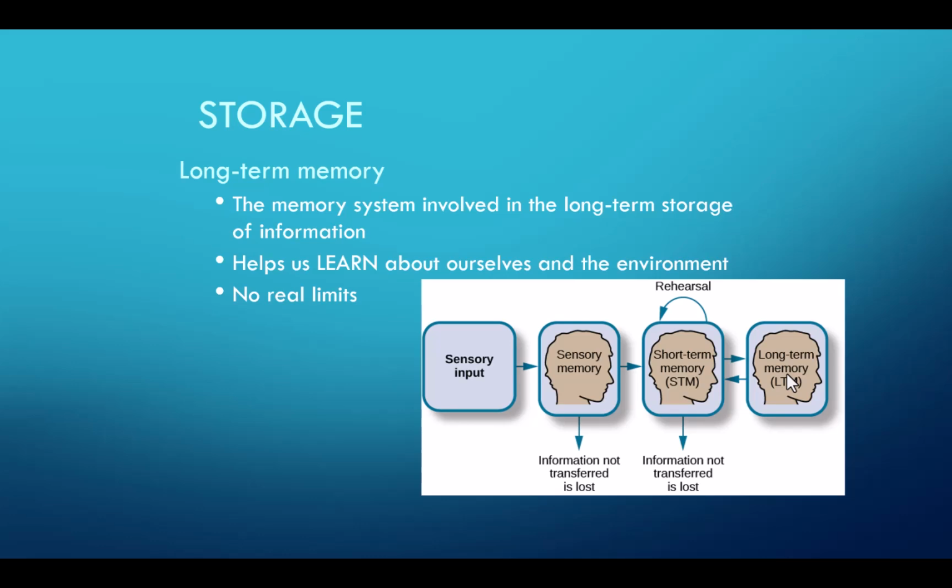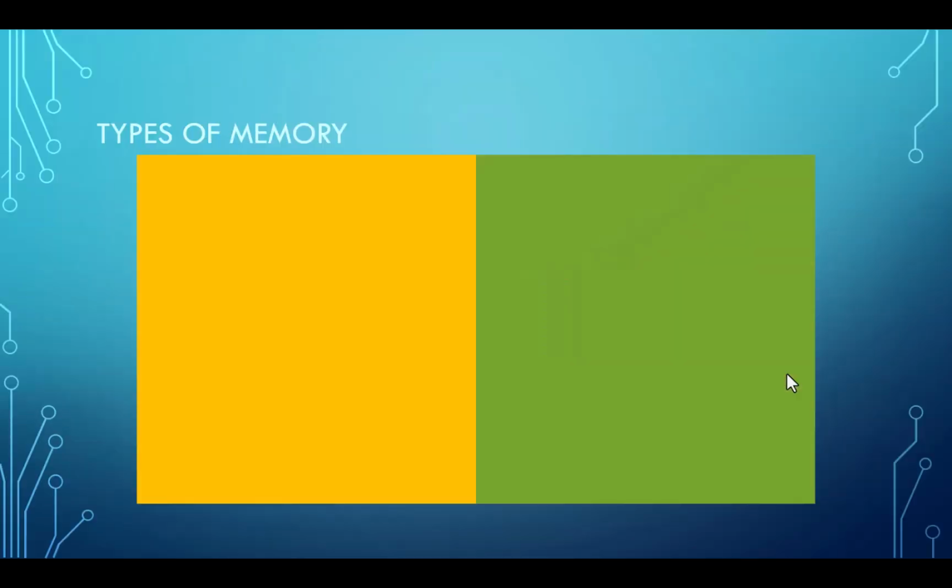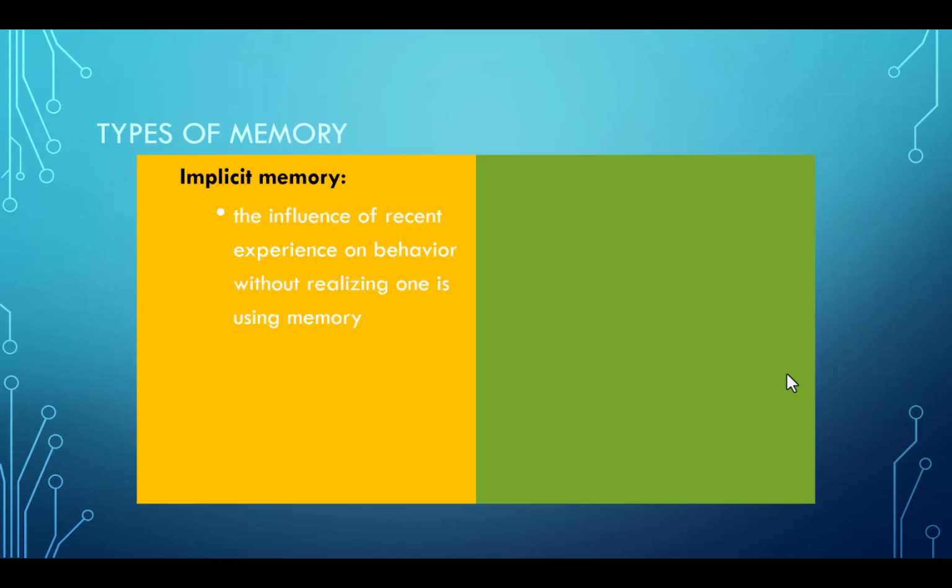And so now we're going to talk about the different types of long-term memory. So first we're going to break it up into two basic types, and then we'll distinguish even further. So one type of long-term memory is implicit memory. Implicit memory is things that influence us that we're not really aware of. Think of it as unconscious or automatic memories.